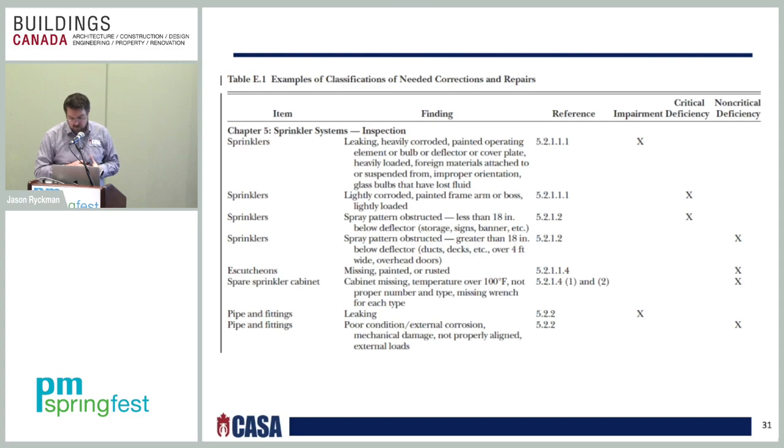Another thing that is interesting as well, that's in the Ontario Fire Code actually, in regards to obstructions, 6515, it stipulates that no obstruction shall be placed so as to interfere with the effectiveness of water discharge from the sprinkler.